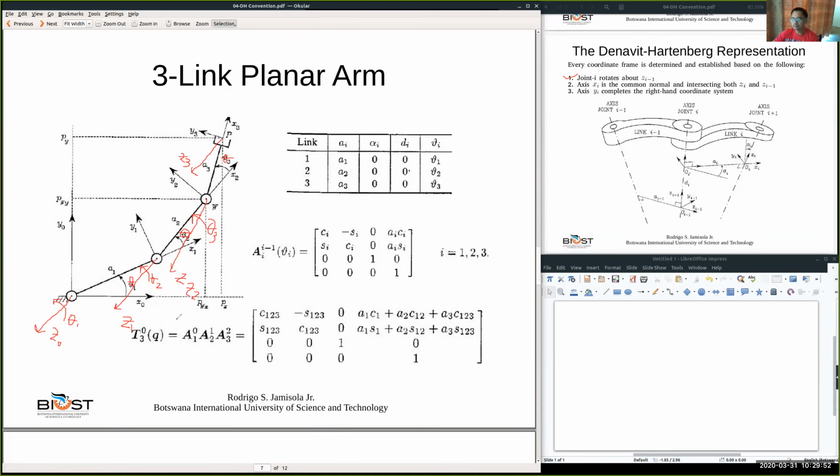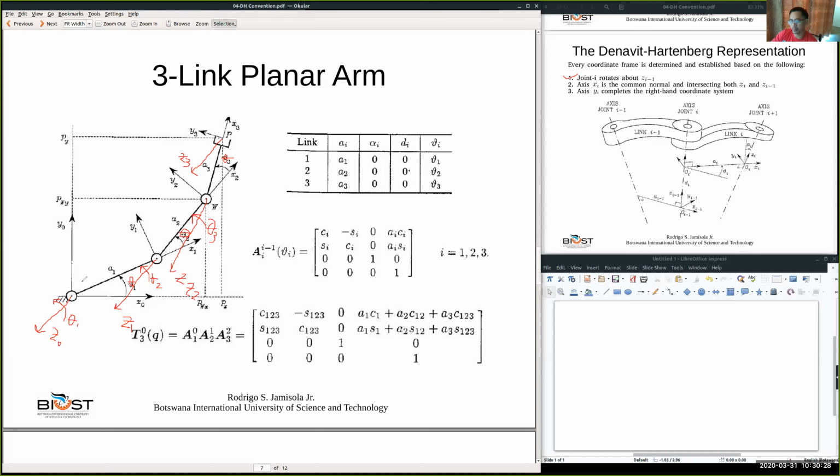So now we have already identified joint i to rotate about the Z i minus 1 axis. Then we need to know where our Xi is. Xi is a common normal, intersecting both Zi and Z i minus 1. For the base frame, as I mentioned before, we can arbitrarily assign the X0 axis, and then Y0, of course, will complete the right-hand rule.